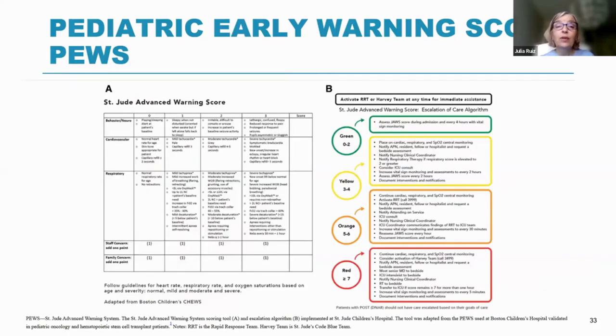They also have their warning score, with ranges that tell us when to escalate, call an emergency department, or check vital signs more frequently. So more or less the scale is the same as in adults.